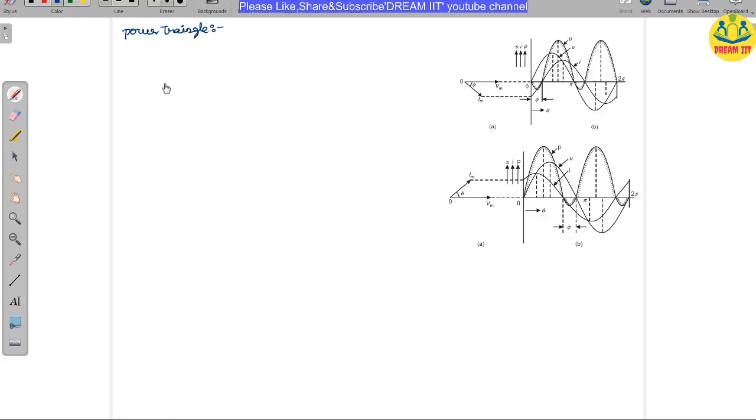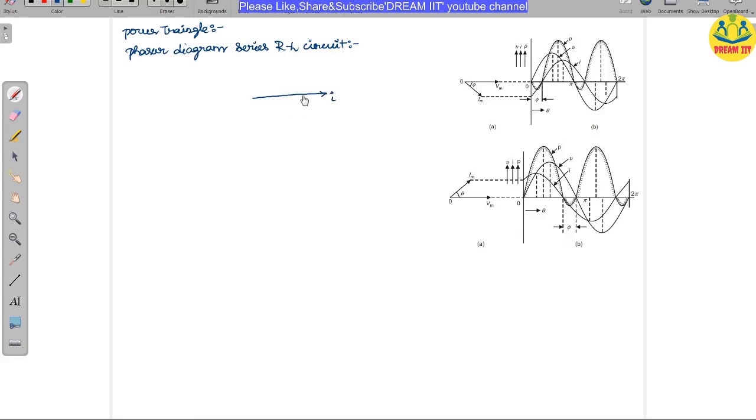We have seen the phasor diagram, so let us consider the phasor diagram of a series RL circuit. How have we drawn it? Whenever you take a series RL circuit, we take the current as the reference vector.